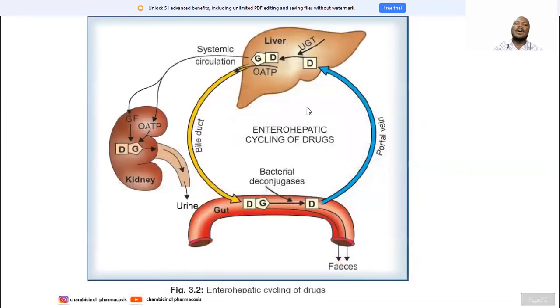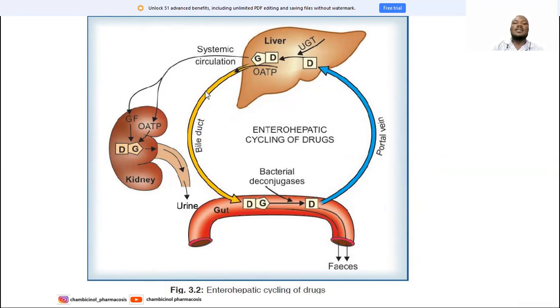So the same diagram indicates the enterohepatic recycling system for the drug undergoing phase 2 metabolism. Here it is the GIT. Once you take the drug, it will get absorbed and reach the liver via the portal vein. From the portal vein, it will undergo glucuronide conjugation, the phase 2 reaction. From this, it will form a complex molecule to the extent that it will not be excreted via the kidney.